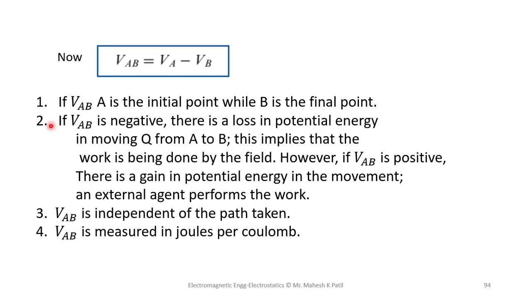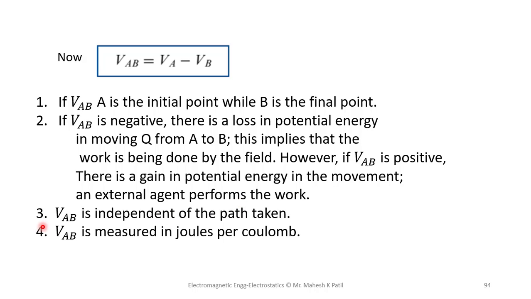If this is the situation, then if V_AB is negative, there is a loss in potential energy while moving a point charge Q from A to B. So this implies that work is being done by the field. If the potential is negative, it implies that work is being done by the electric field. If V_AB is positive, then there is a gain in potential energy in the movement, so an external agent is going to perform the work here.